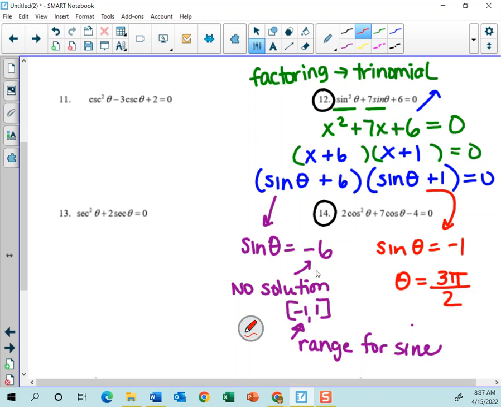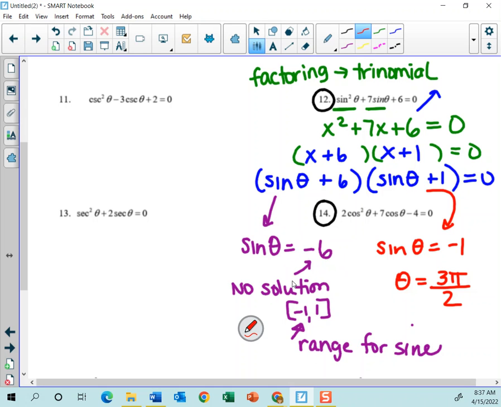I'm going to look for you telling me that this factor doesn't give me any solutions and that this factor gives me 3 pi over 2. If you don't talk about this factor, I am going to assume you didn't know what to do, and so you left it blank. If you know that there is no solution, you need to say it.